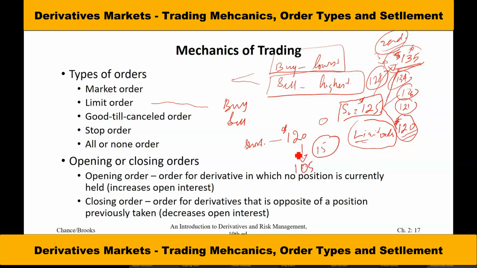This is my objective. However, there is a chance that the stock price may, rather than going down, go up. So I may specify, for example, a price of $125, where I am telling the broker or the executioner that I have this short position where I have sold Apple for 120, and I expect it to go down to 105.